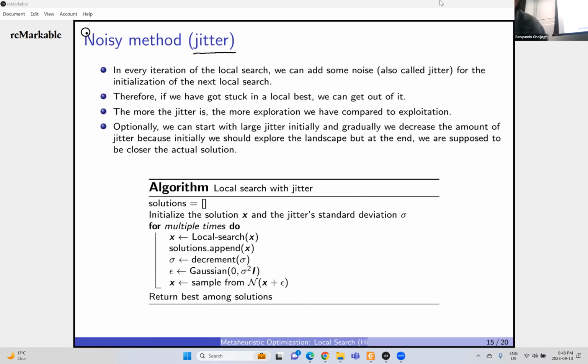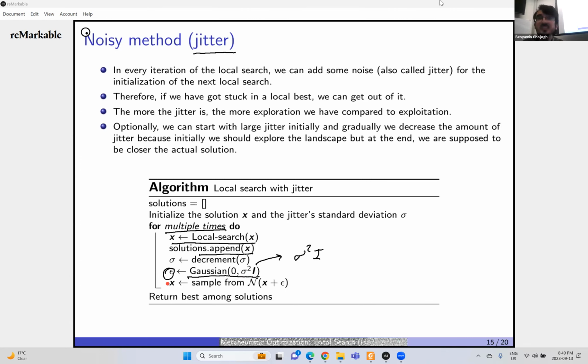So in every iteration of the local search, we can add some noise, also called jitter, for the initialization of the next local search. So like this. We do the local search multiple times, append the solutions, then get some epsilon from a Gaussian distribution with mean 0 and variance sigma squared I. Why have I said sigma squared I?